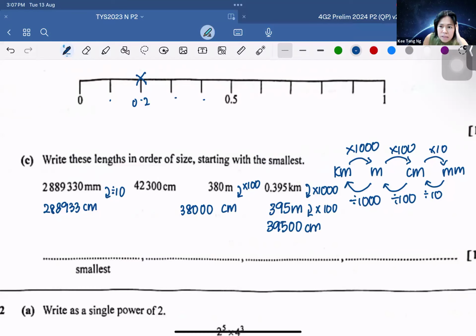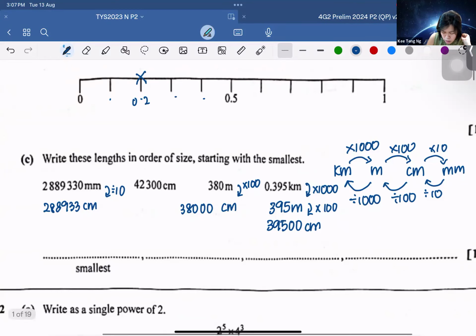But when we write the final answer, we must use back the original units. So we'll start with the smallest one. Which one is the smallest? 1, 2, 3, 4, 5. So the smallest one will be 380 meter.